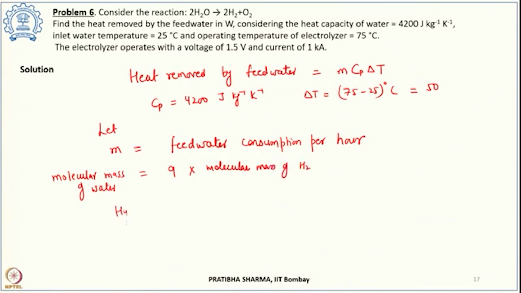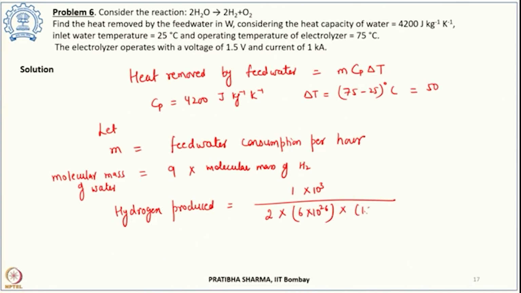So the hydrogen which is produced in the process of electrolysis is, when we passed a current of 1 kiloamps, so 1 into 10 raised to power 3, 2 electrons participated in the electrolysis, Avogadro's number 6 into 10 raised to power 26, charge 1.6 into 10 raised to power minus 19, and that gives 5.2 into 10 raised to power minus 6 kilomoles of hydrogen produced per second, or it is 10.4 into 10 raised to power minus 6 kg of hydrogen being produced per second.